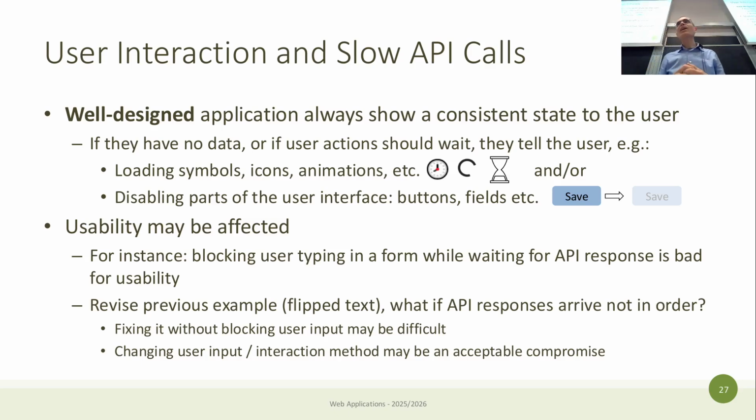So now we'll try to revise the example we saw until now, this flipped text example, with these ideas in mind. What happens if an API response arrives out of order, for instance? You type and something happens. You press a character, you don't have to submit anything, right?